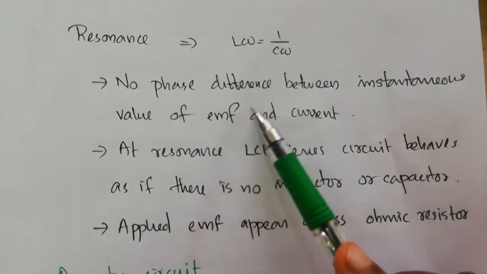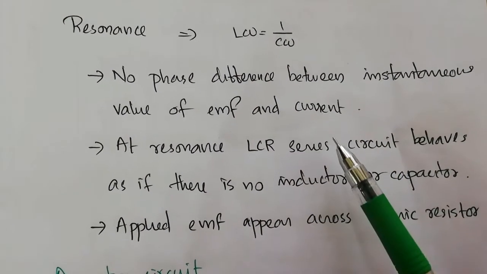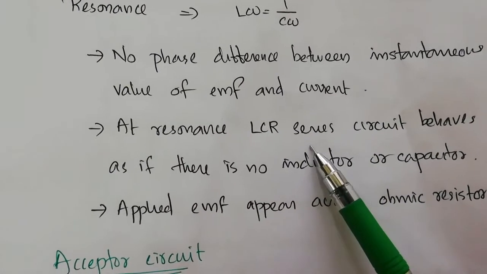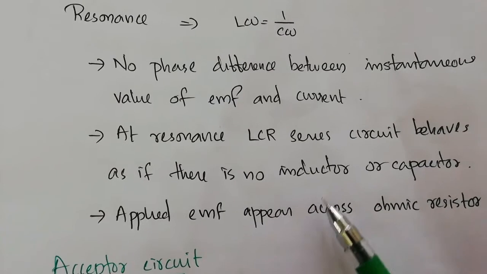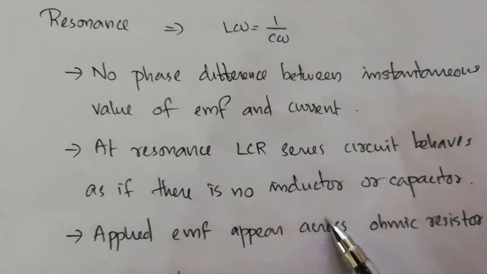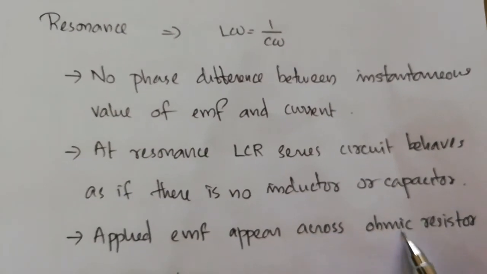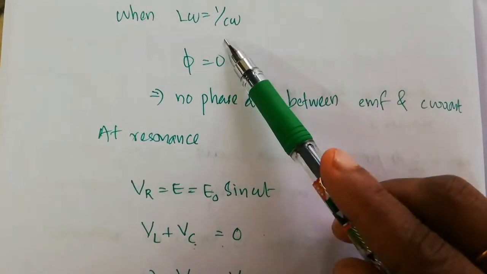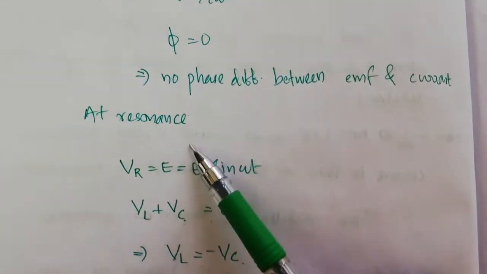In the resonance condition, there will be no phase difference between the instantaneous value of EMF and current. So, at resonance, the LCR series circuit behaves as if there is no inductor and capacitor in that circuit. So, the applied EMF appears across the ohmic resistance. When L omega is equal to 1 by C omega, phi is equal to 0, that is, no phase difference between EMF and current.